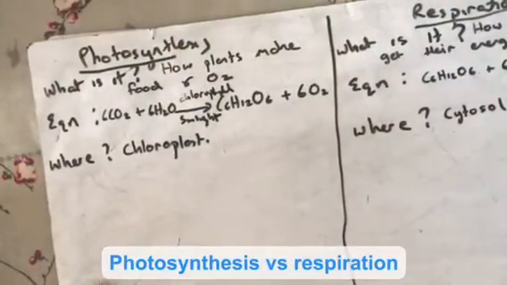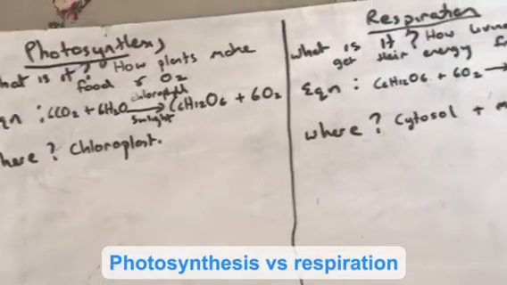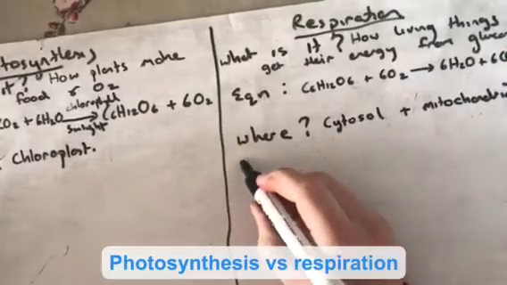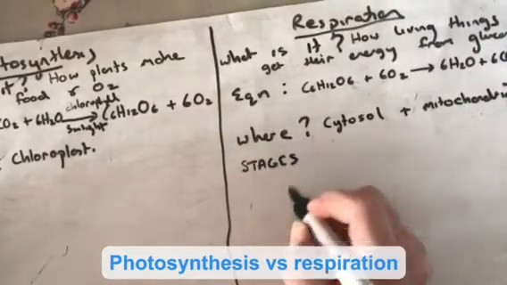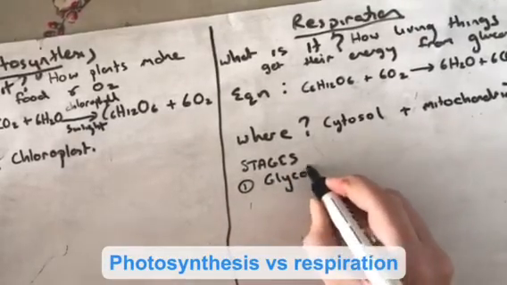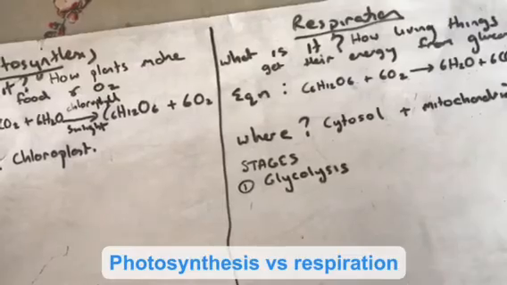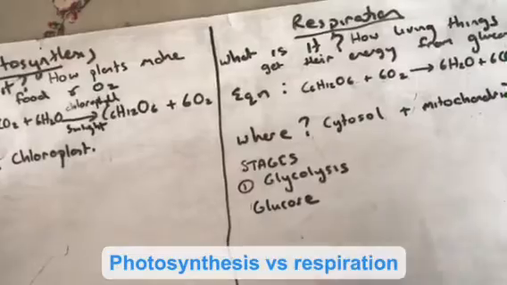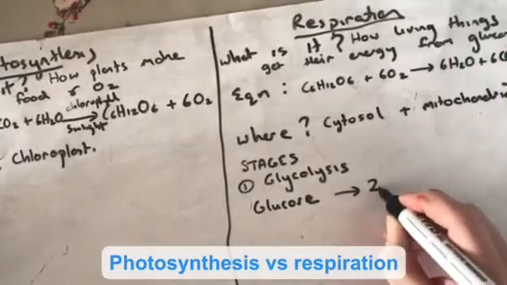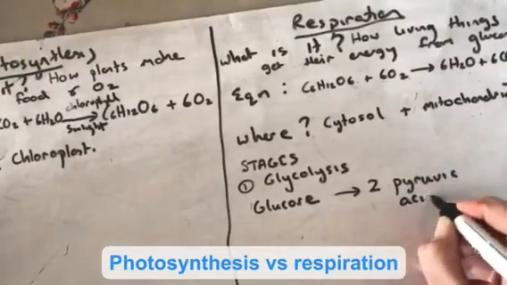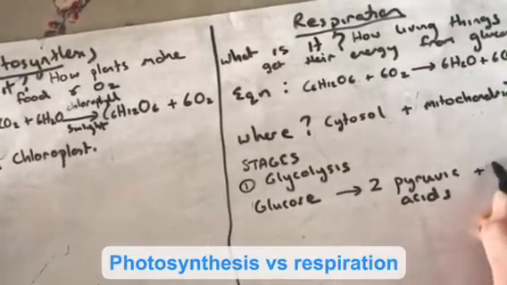Okay, so now let's get on to the detail of both. We're just going to focus on one or the other here. So let's focus on, first of all, respiration. First of all, our stages or steps. Your first stage, girls, is glycolysis. Glycolysis simply means the splitting of glucose. So glucose, a 6 carbon molecule, is split into 2 pyruvic acids, and 2 ATP are made.